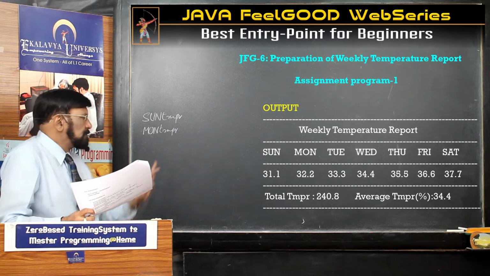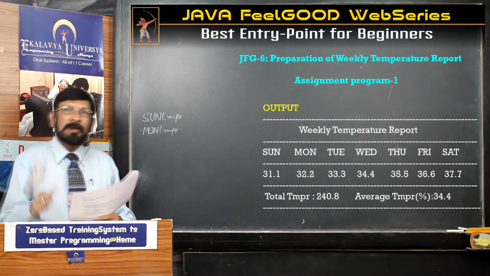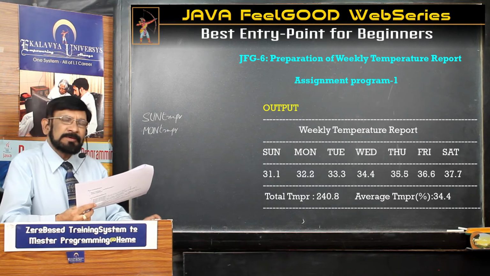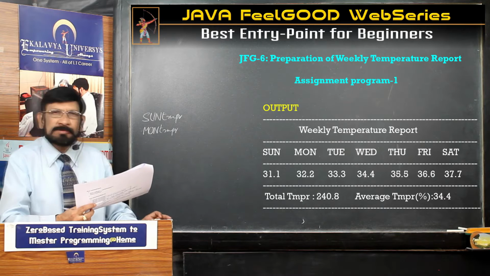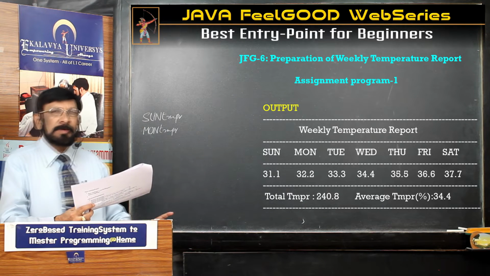Those are not rigid. That's why if you use these names, it improves the readability of your code. That point you have to understand. 7 instance variables you declare, like sunTemp, monTemp, tueTemp, wedTemp, thuTemp, friTemp, satTemp. Like that you declare with the float type.